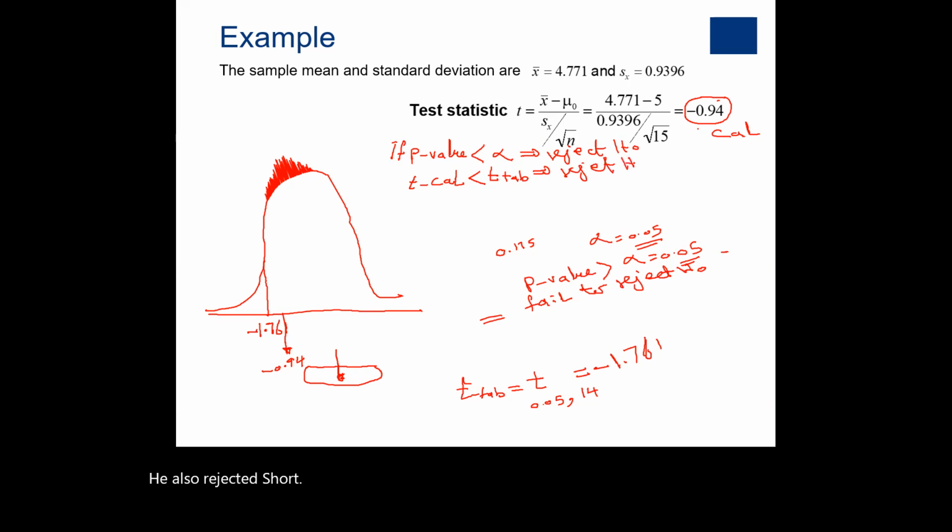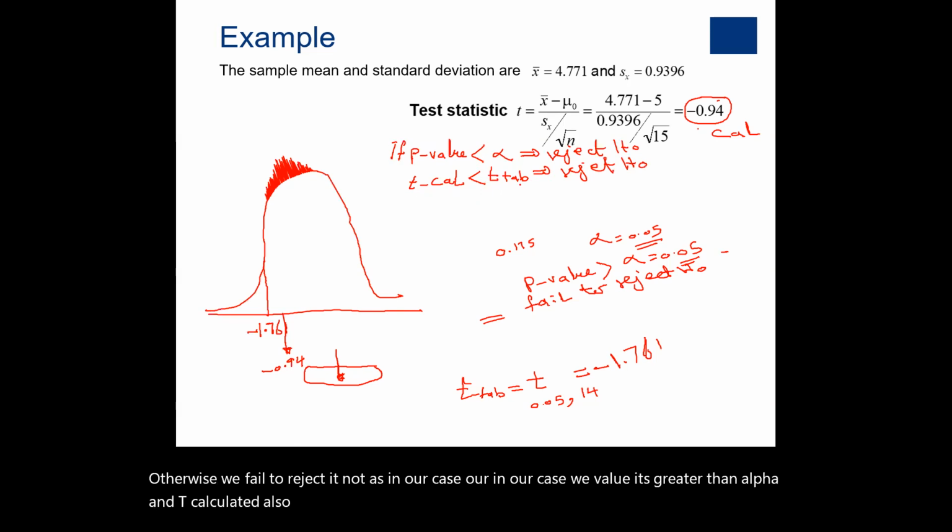Otherwise, we fail to reject H naught, as in our case. In our case, the p value is greater than alpha, and t calculated is also greater than t tabulated, so we fail to reject H naught. Both methods give the same result, definitely.